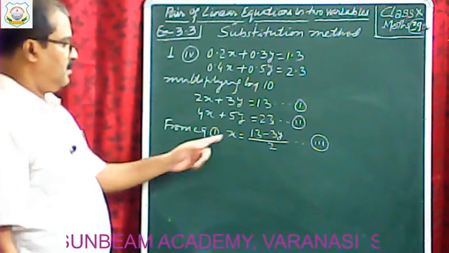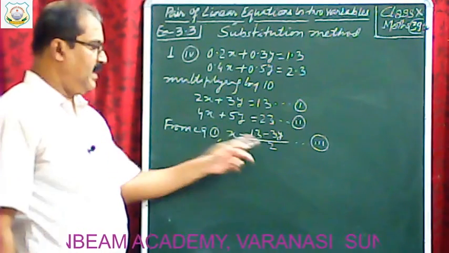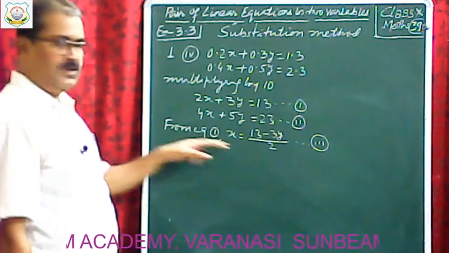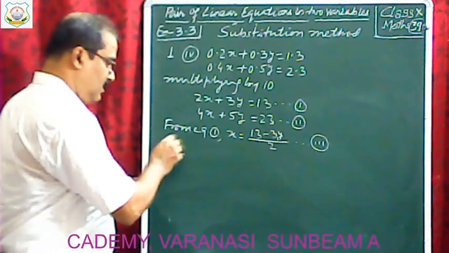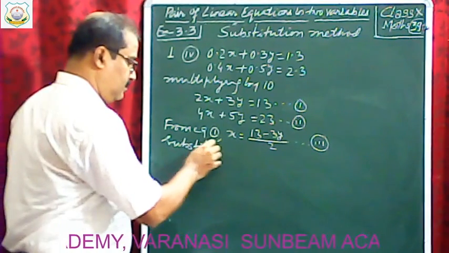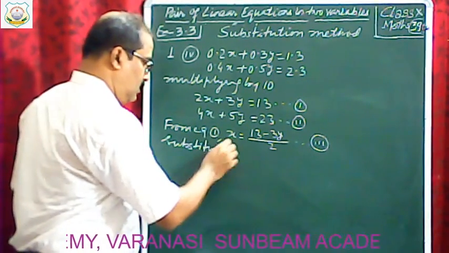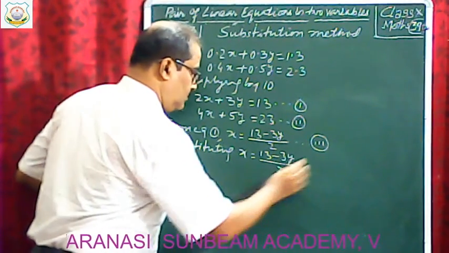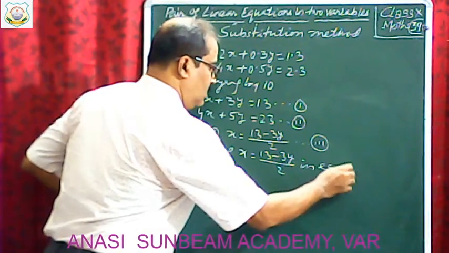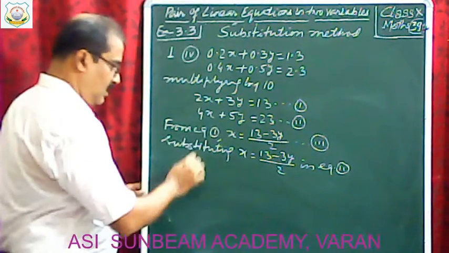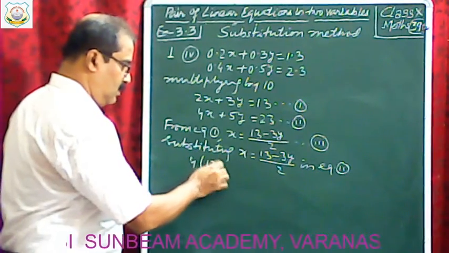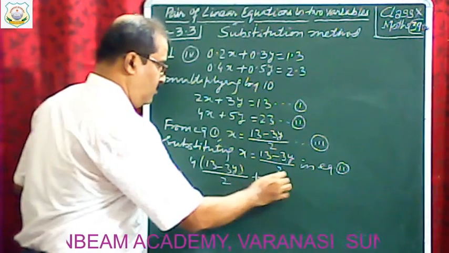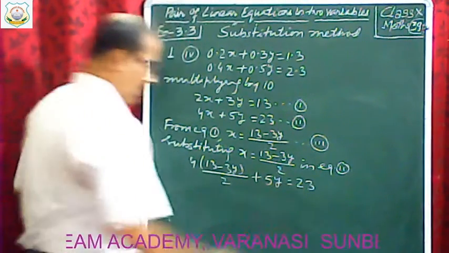Now thereafter you have to put the value of x in second equation, not in first, because from first equation we get this. Substituting x equal to 13 minus 3y whole by 2 in equation second, you have to write 4 into 13 minus 3y whole upon 2 plus 5y equal to 23.